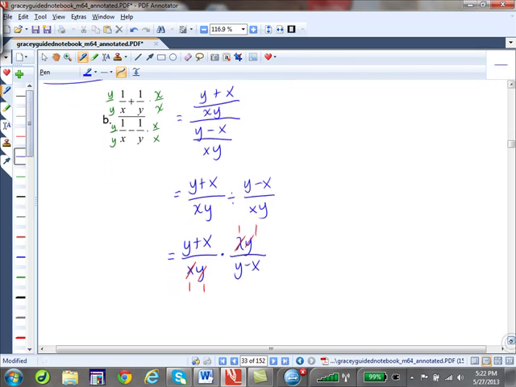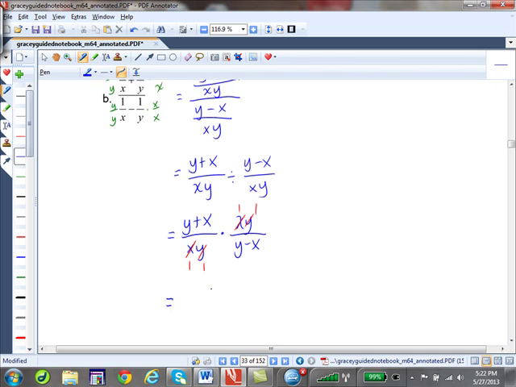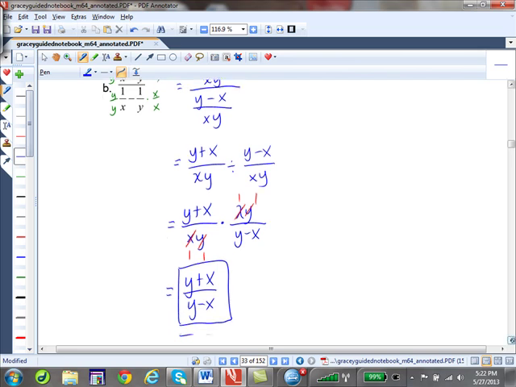So at the end of the day, we will get y plus x over y minus x. Again, this problem is trying to sucker you into crossing stuff out. The sign in the middle is different, so these are prime, okay, and they're not exactly the same, so you can't divide them out. Okay.